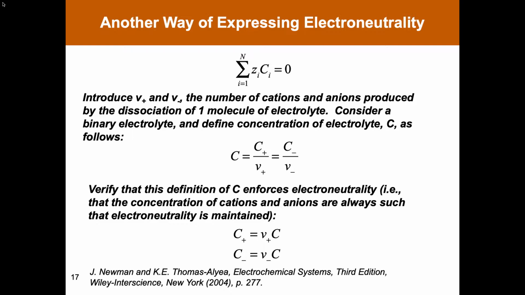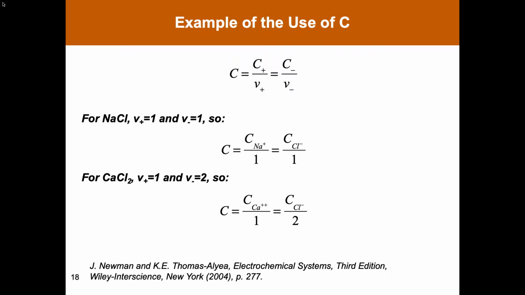And that allows us to write the cation and anion concentrations in terms of just what I'll call the salt concentration in the medium. And I show an example here for how that plays out for a monovalent salt like sodium chloride, where nu plus and nu minus are both 1, and also for calcium chloride, where the concentration of chloride is always going to be twice the concentration of calcium.